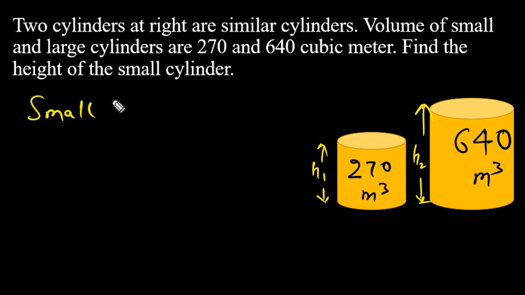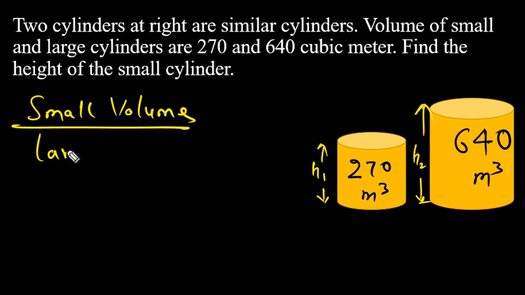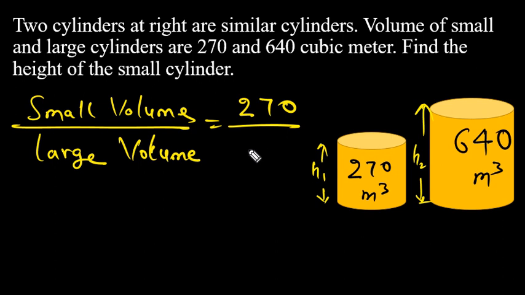Small cylinder volume and large cylinder volume: small volume is 270 and large cylinder volume is 640, and this is a to the power 3 divide b to the power 3.